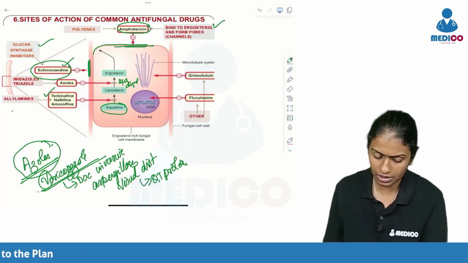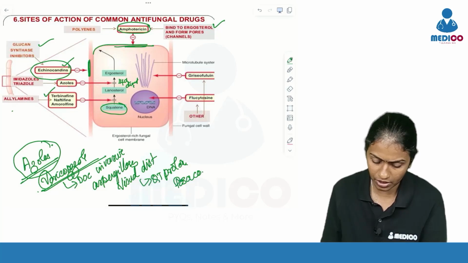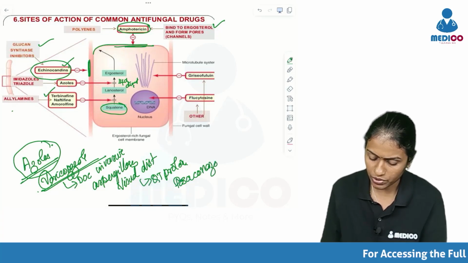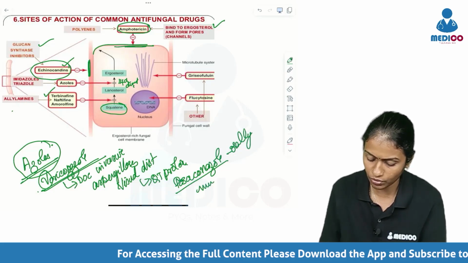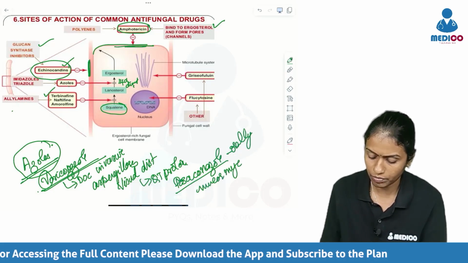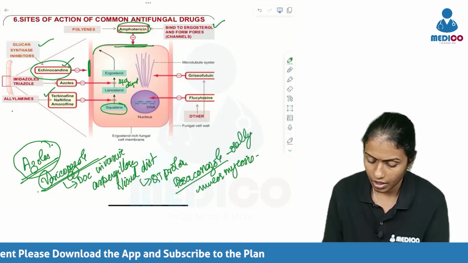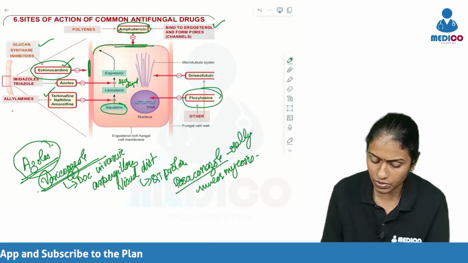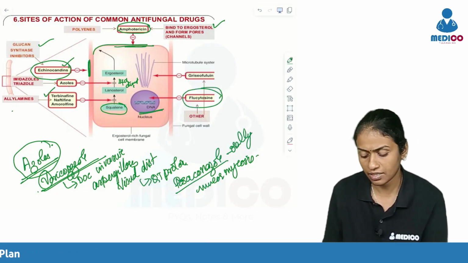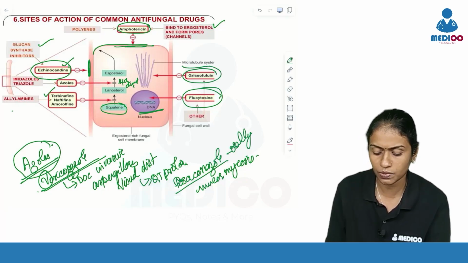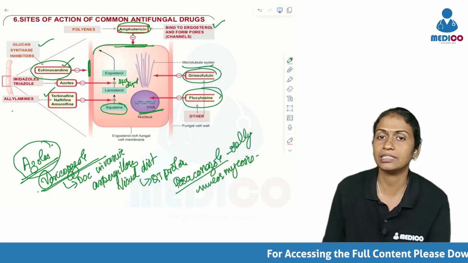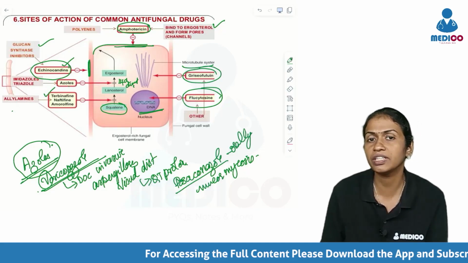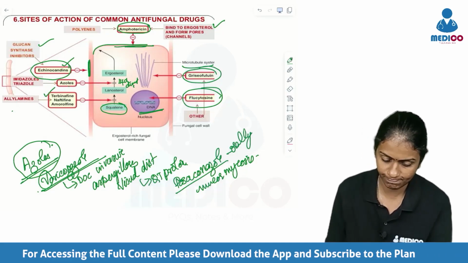And another newer azole is posaconazole, which is available orally, and it can be given for mucormycosis. Okay. Now we have flucytosine, which interferes with the DNA synthesis, and griseofulvin, which interferes with the microtubule formation. So this is in a nutshell the different mechanism of action of different antifungal agents. Okay.